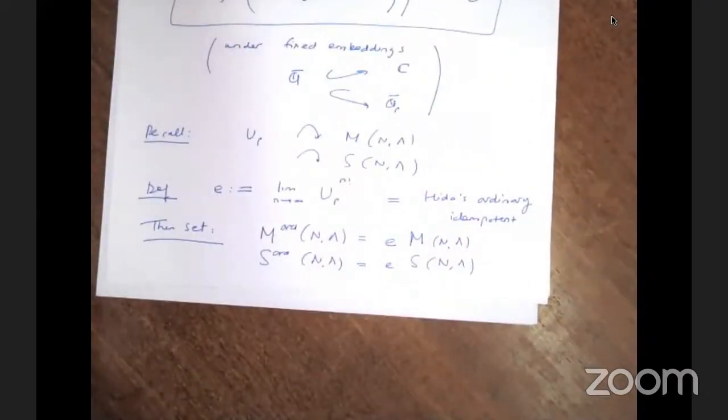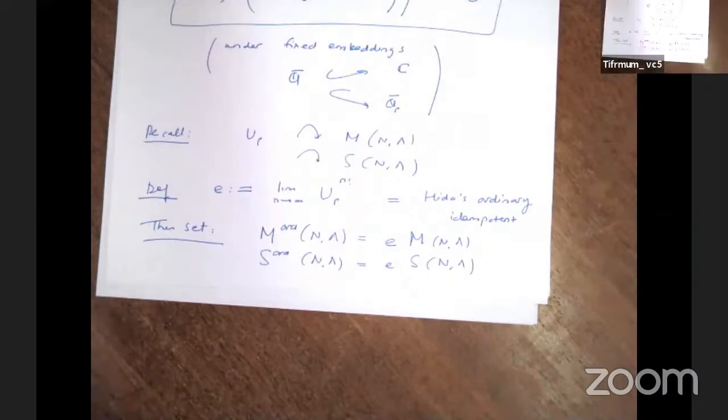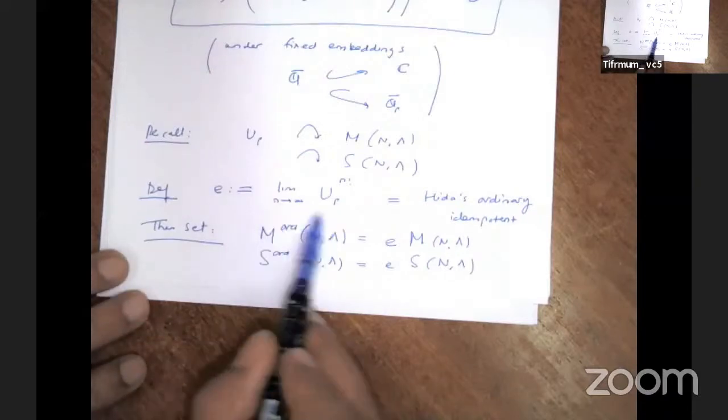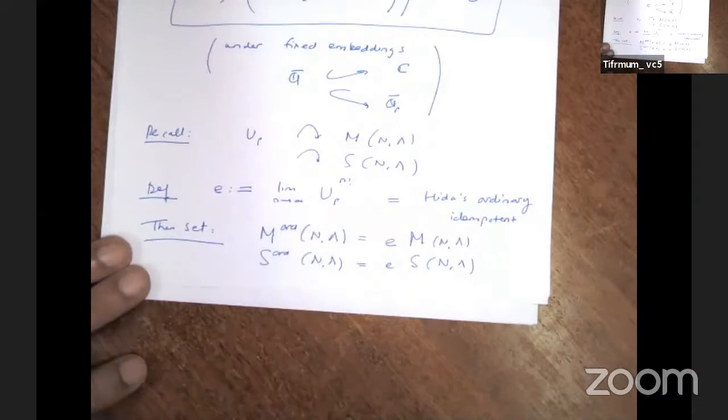What is the topology on these operators? Space of Hecke operators. Yeah, that's a good question. So right now I'm not speaking of any topology. E will just be an idempotent, something such that E squared is equal to E. But this limit I'll try and motivate using some topologies. Okay, I'll do that in a second. It's a little bit complicated.